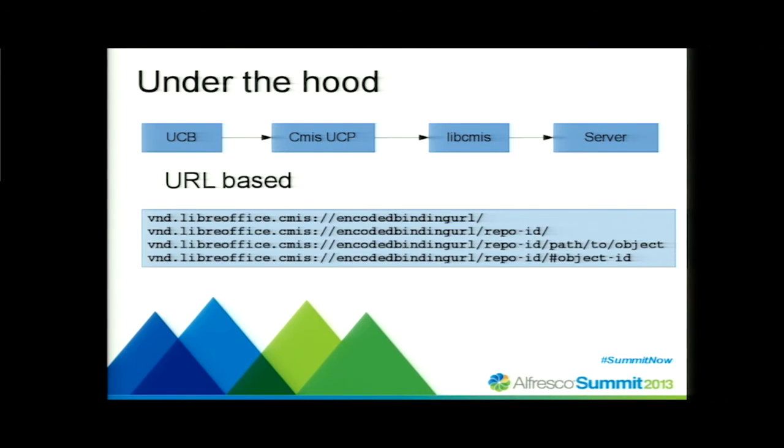The CMIS binding URL is URL encoded as the host in the URL. Then we can have the repository ID to say I'm selecting that repository, and then a path to the object we want to address, or an object ID, because the CMIS repository may be handling unfiled objects. If someone can help me to get this somehow standardized, that would be really great.